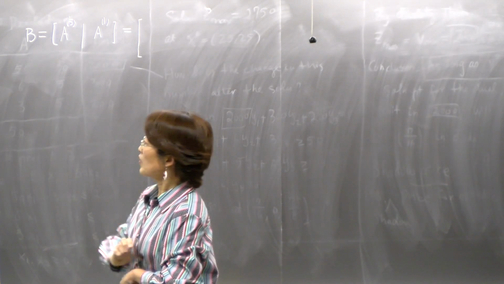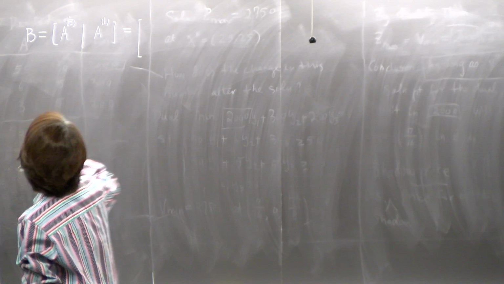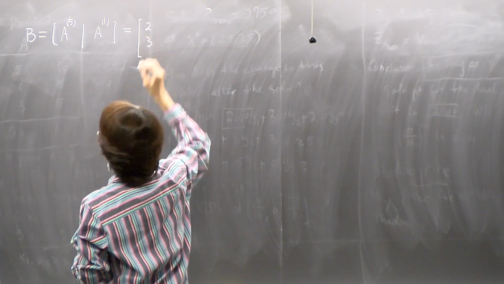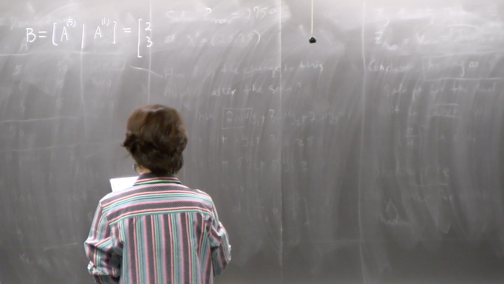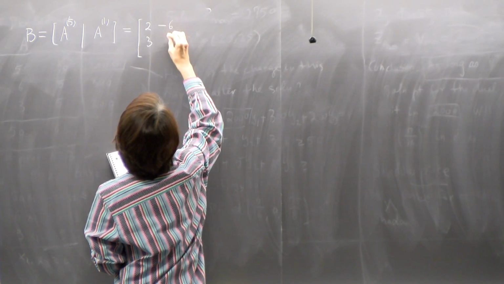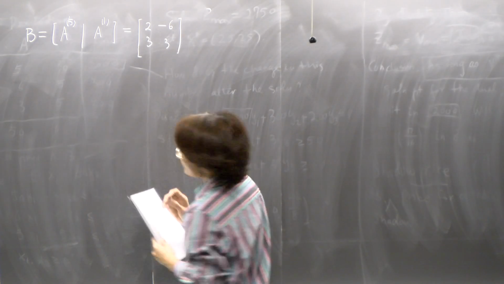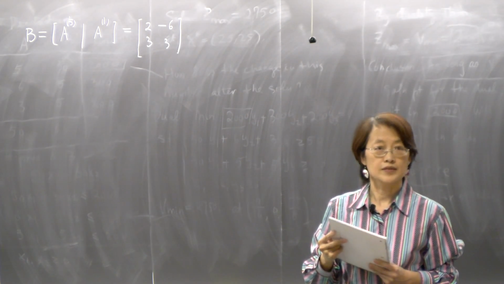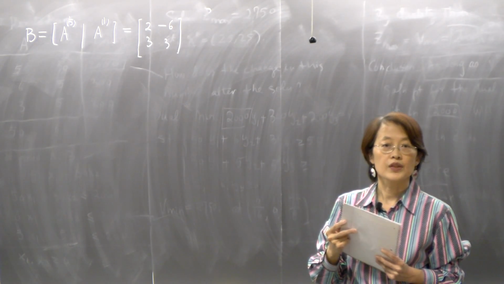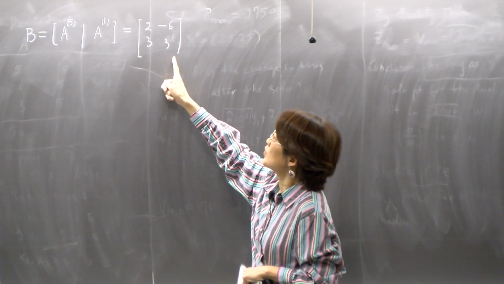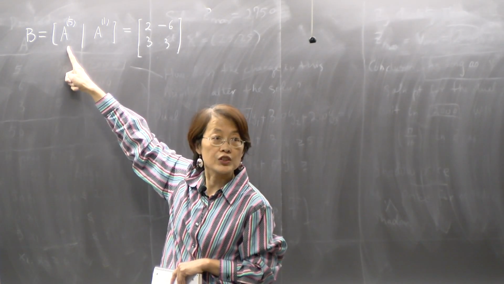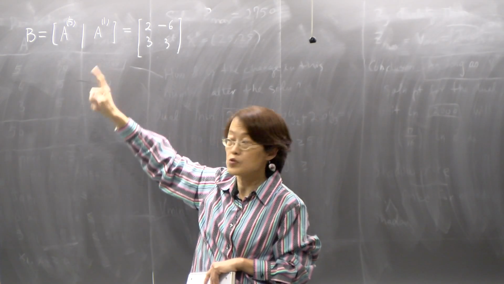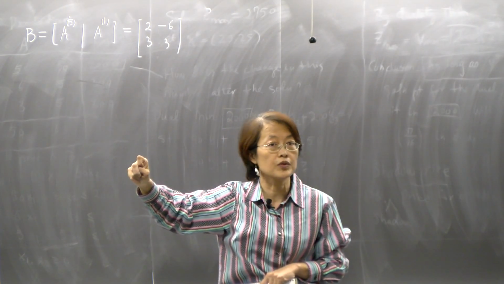So column 5 gives me 2, 3, and column 1 gives me -6 and 3. So I have a square matrix. Be careful, the order matters: the fifth column comes first, then the first one. It follows the order of the basic variables.